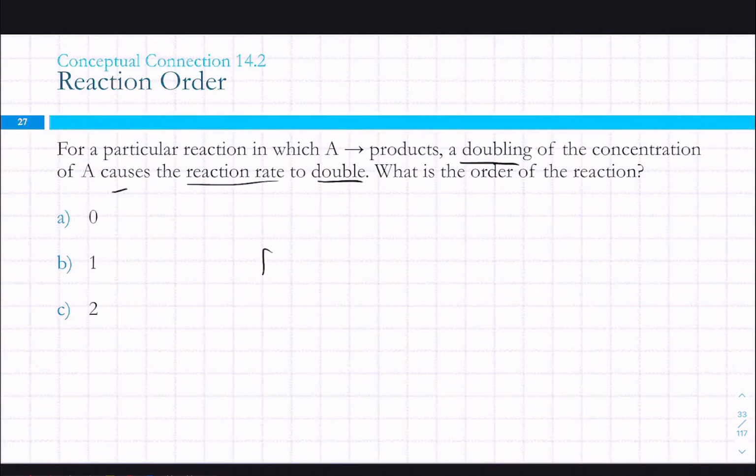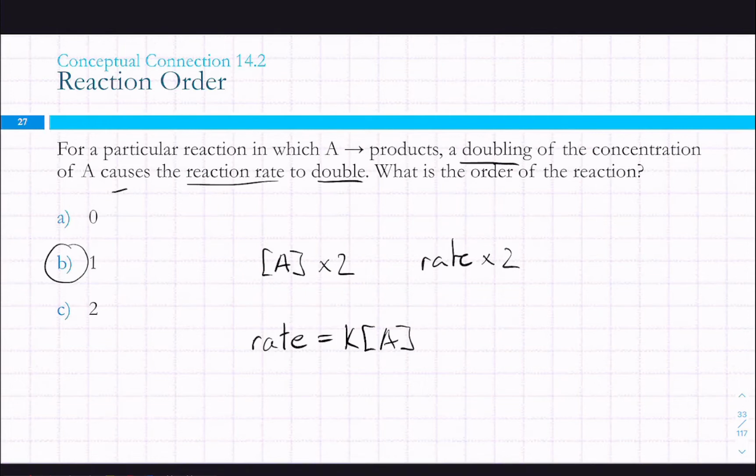Yeah, because if the concentration of A doubles, then the rate will also increase times 2. So first order. And we would write that out as rate equals K times A.